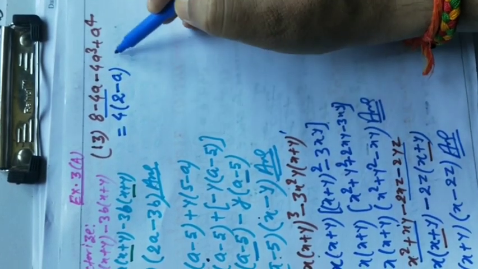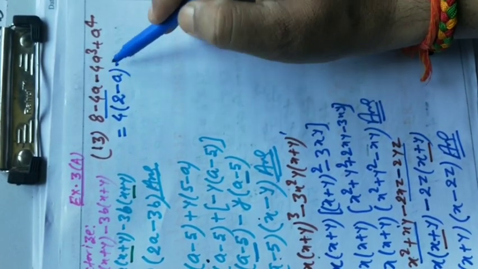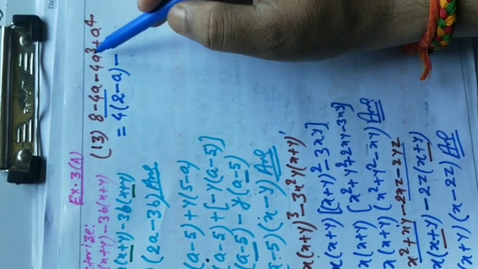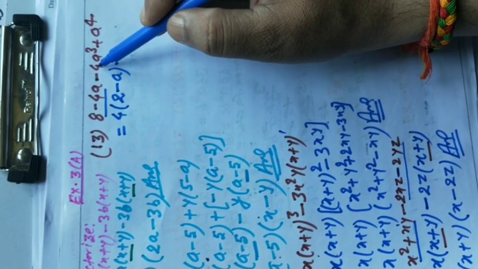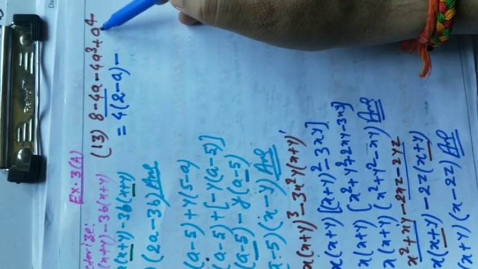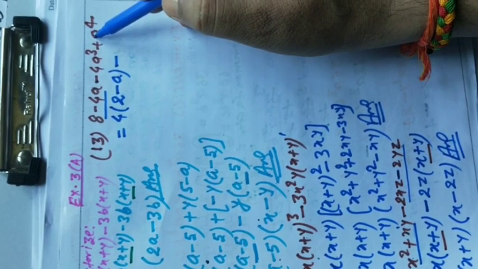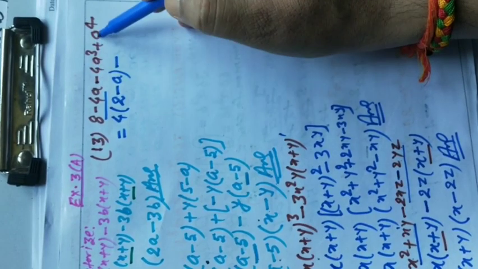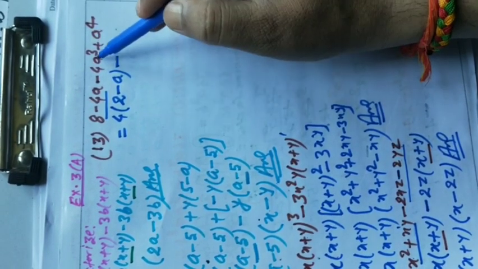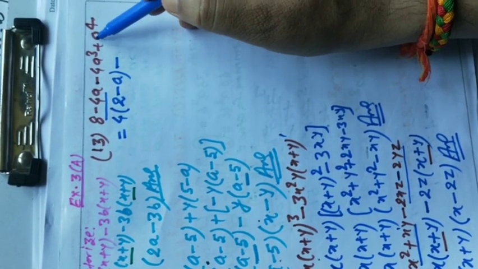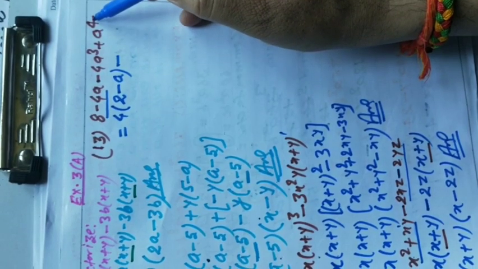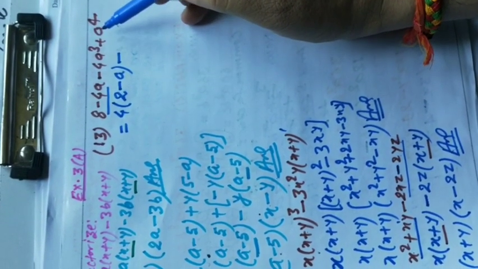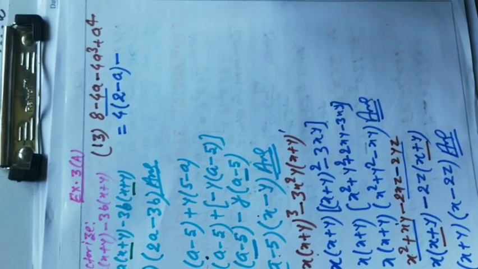A will be left here. And now minus sign is there, so put minus sign, and here 4 is there, and here in the fourth term there is no number. So 4 and 1, HCF of 4 and 1 will be 1. Nothing is there. The coefficient of a power 4 is 1. So in 4 and 1, 1 will be HCF.